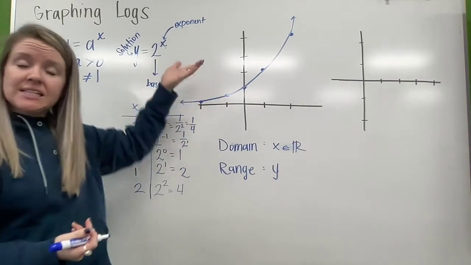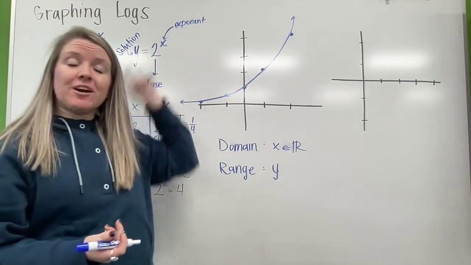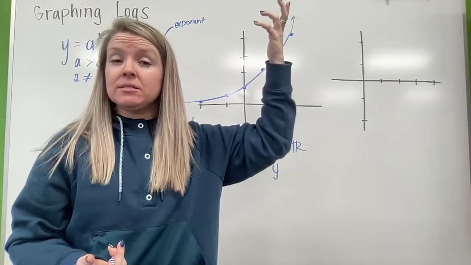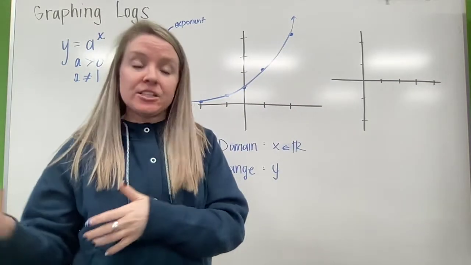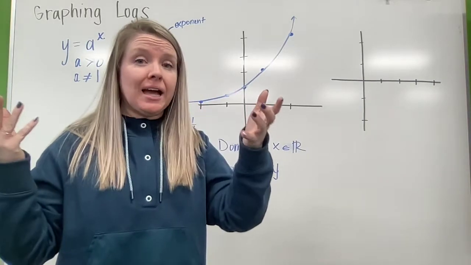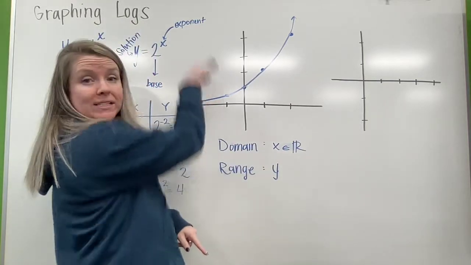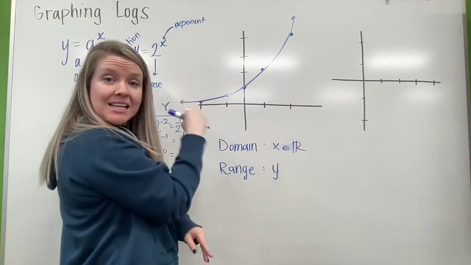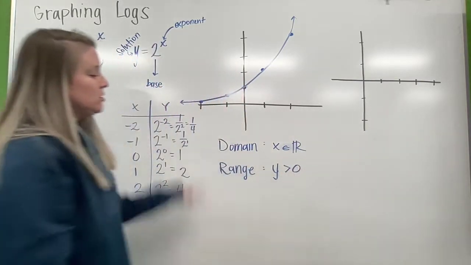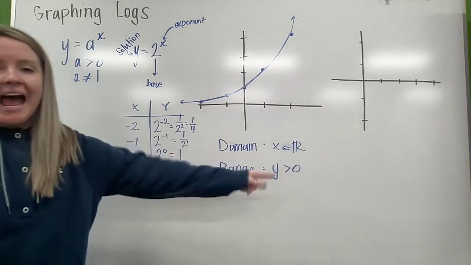That's because they're above the x-axis. Is there any number I can plug in for x that would make 2 to the exponent equal 0? The answer is no. 2 times itself, however many times, will never equal 0. So our y is always going to be above the x-axis unless we move it, with transformations. So our domain, I can plug in anything I want. Range has to be greater than 0.